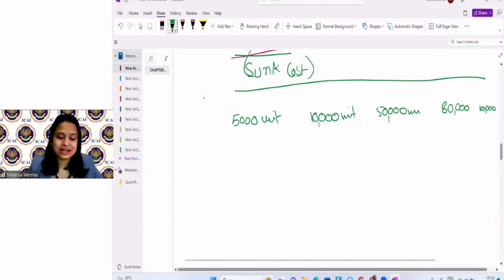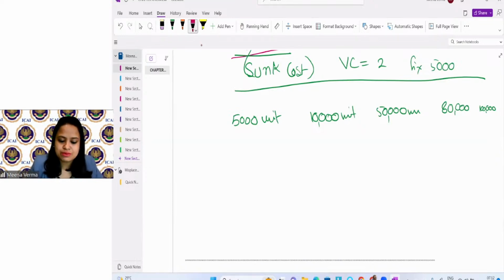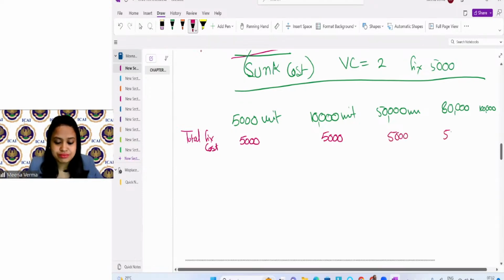My point is that, for example, the variable cost is 2 rupees and the fixed cost is 5,000, right? So if I increase the production, my total fixed cost is what? In this case, my total fixed cost is 5,000. In this case also, it is 5,000.